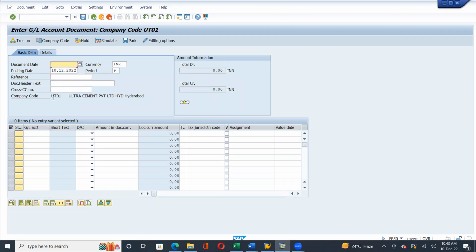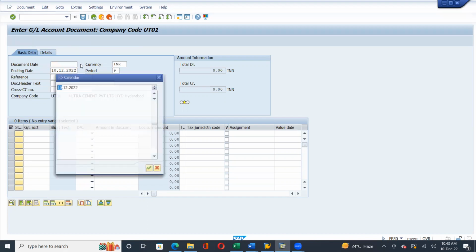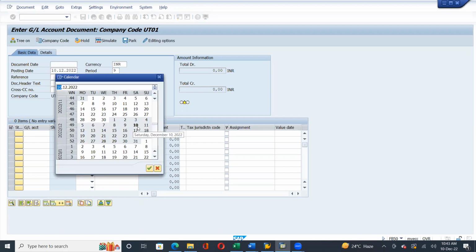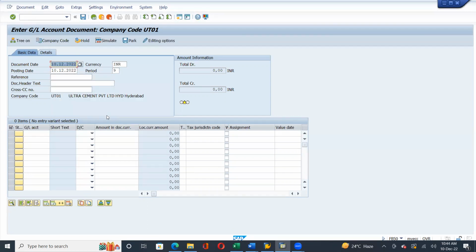Here you need to check UT01. We need to give today's date, 10/12, and here I would like to give U01.